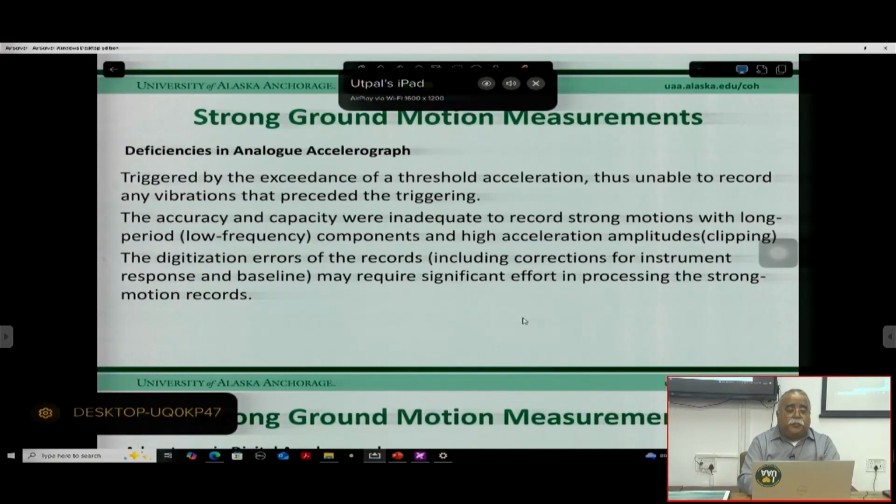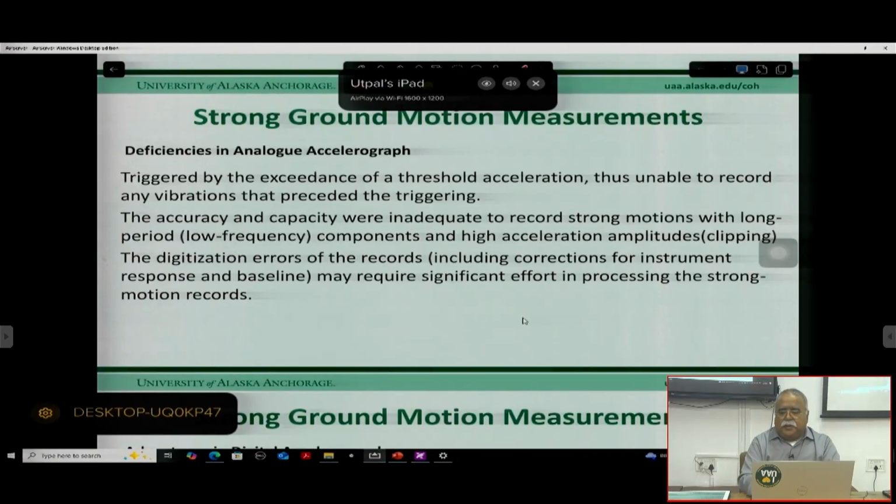Okay, so the deficiency of this accelerometer is that, as I said, it is very difficult to digitize.